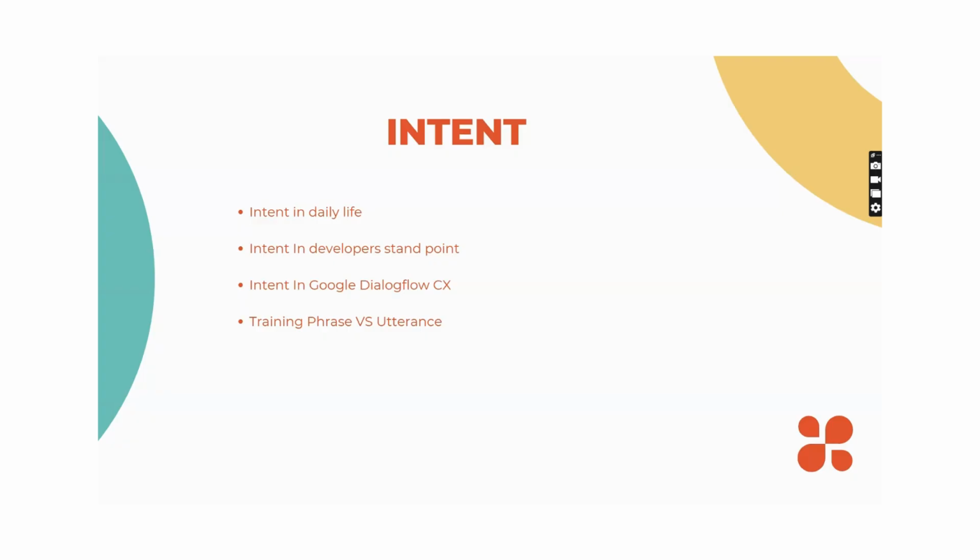Now let's see intent from a developer standpoint. From a developer perspective, intent is a predefined action or response triggered by user input. Here the developers define training phrases to teach the system the various ways a user might express the same goal. For example, I'm looking for a fancy car. I want to purchase a car. I want to book a car.